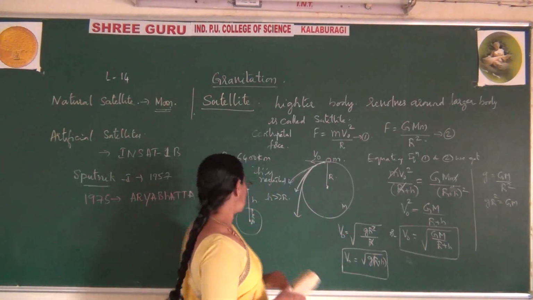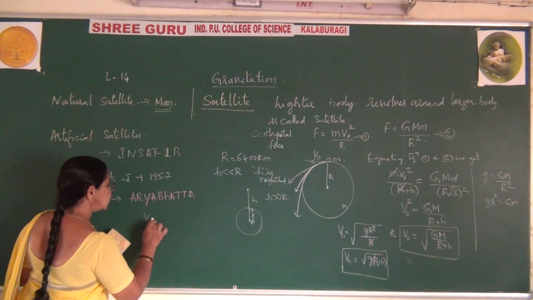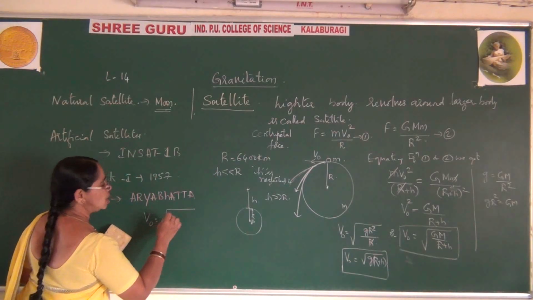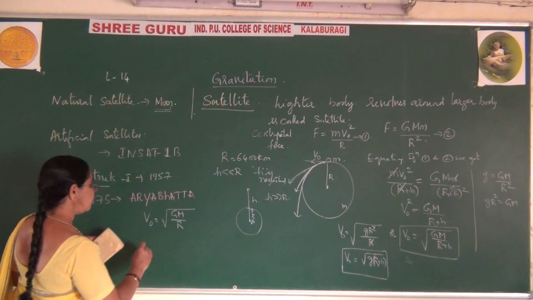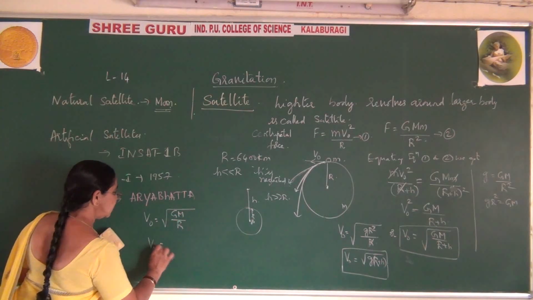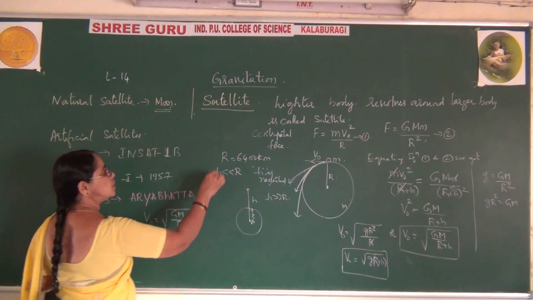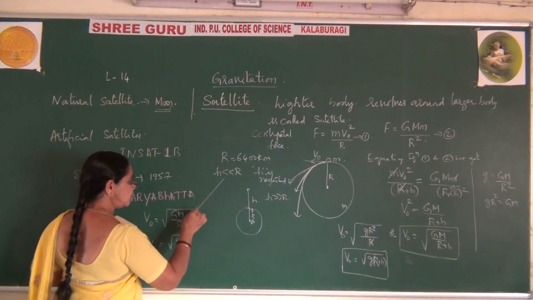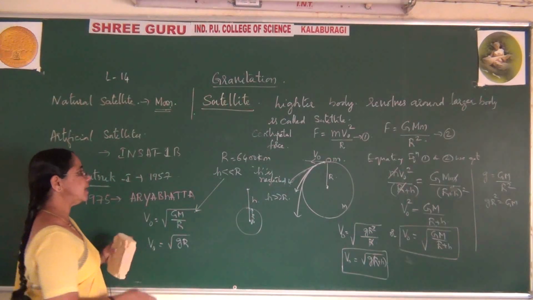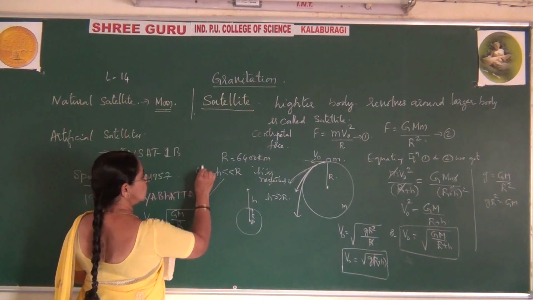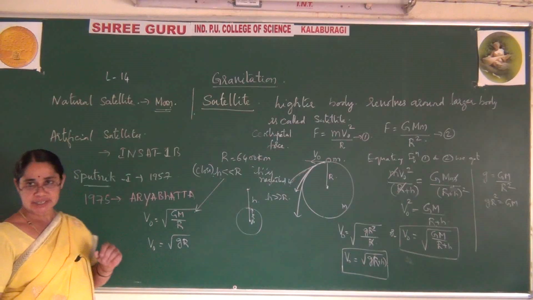If it is very close, I write the expression v naught is equal to root of GM by r, and one more condition, root of g r. If h is much smaller than r, very close to the surface, you can take this condition.